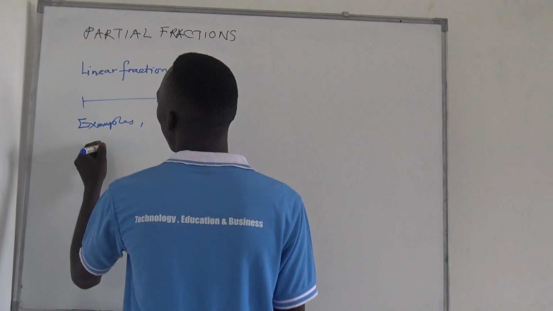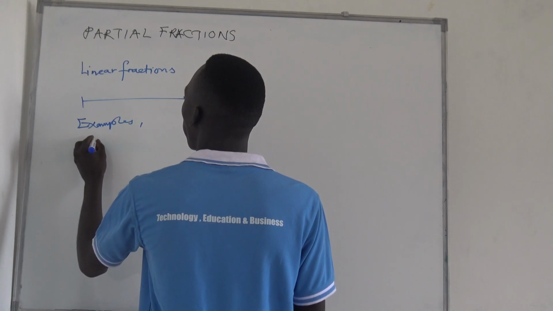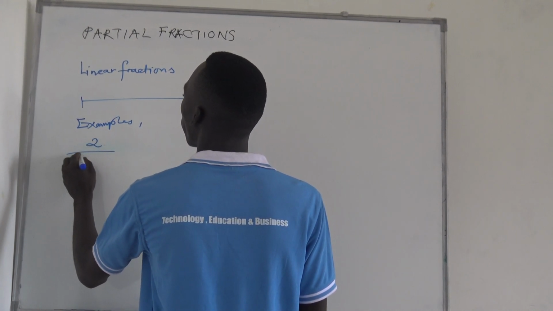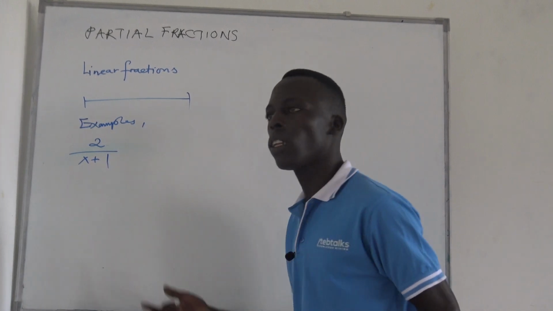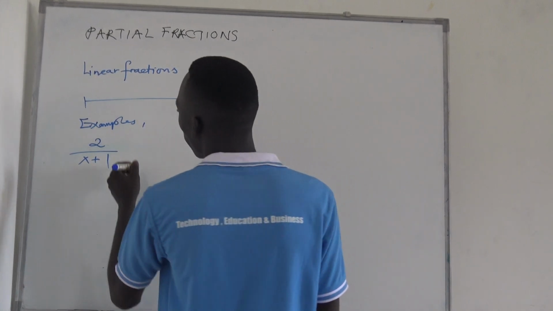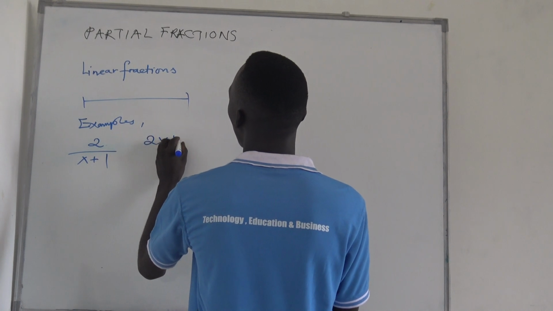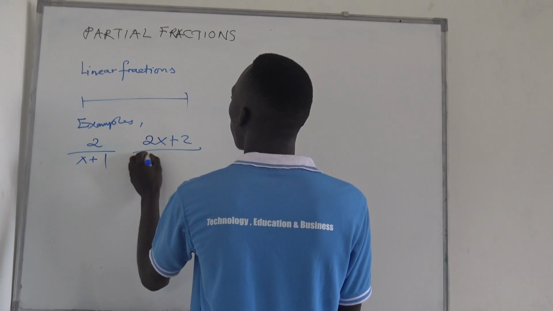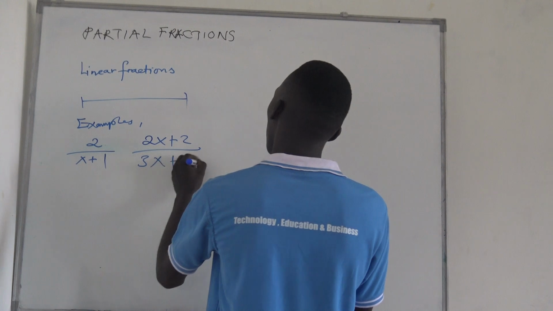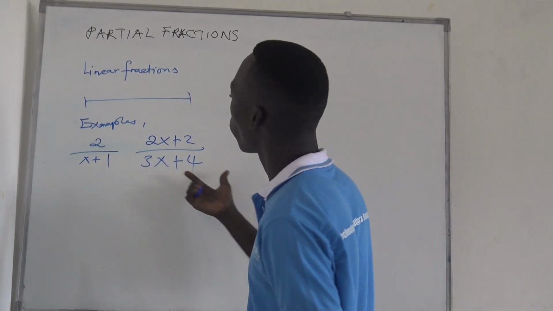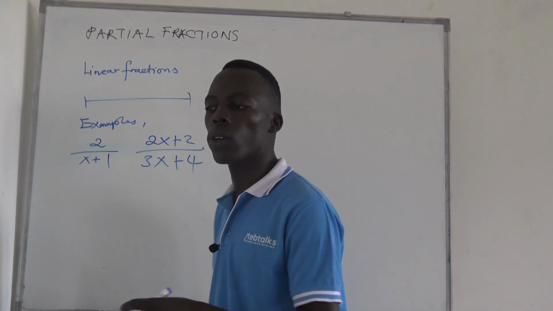for instance, if you take 2 out of x plus 1, this is a linear fraction. Also, when it is maybe 2x plus 2 out of 3x plus 4. So these are kinds of linear fraction which we are talking of.